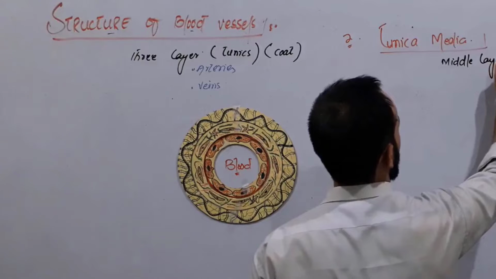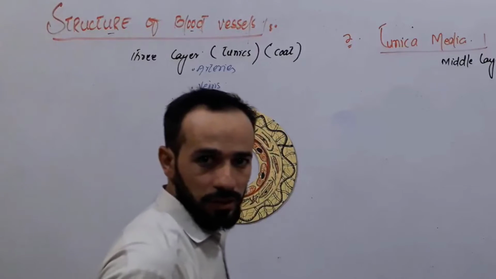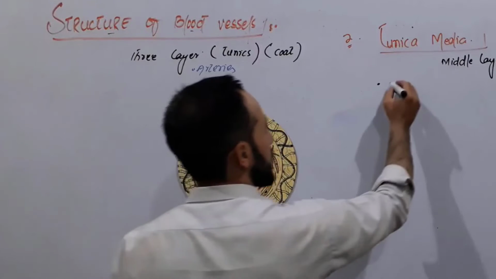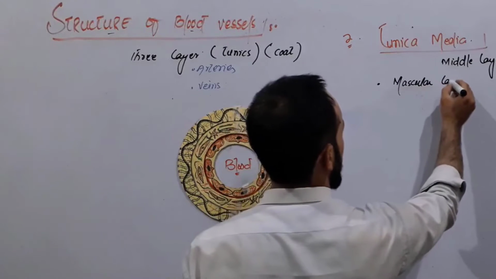It is the layer in between tunica externa and tunica interna. Right. About this layer we can say that it is a muscular layer. It is a muscular layer.